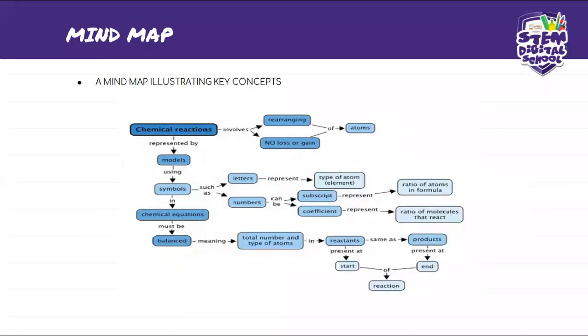Now there is a mind map here that illustrates what we have just learned. We have chemical reactions, which involve rearranging, with no loss or gain of atoms. A chemical reaction can be represented by models using symbols. We can also use symbols in chemical equations, and the equation must be balanced.